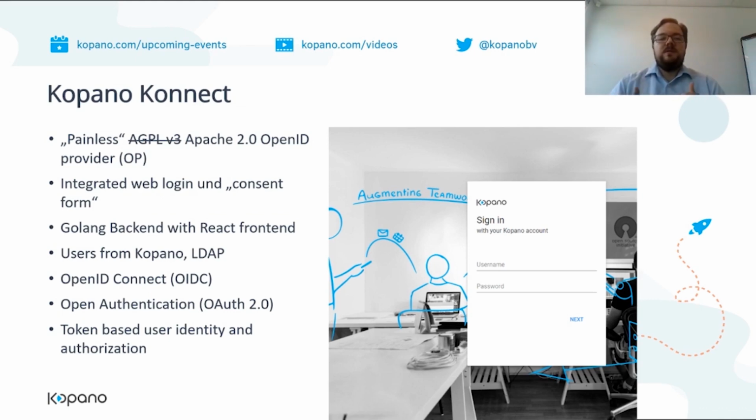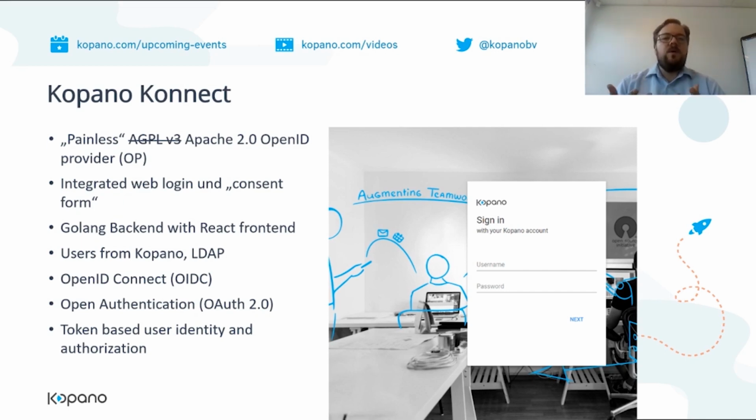Kopano Konnect brings its own web login and consent form. With other OpenID providers, you may need to create your own forms for that. Konnect already brings that out of the box. It's written in Golang and has a very small front end written in React.